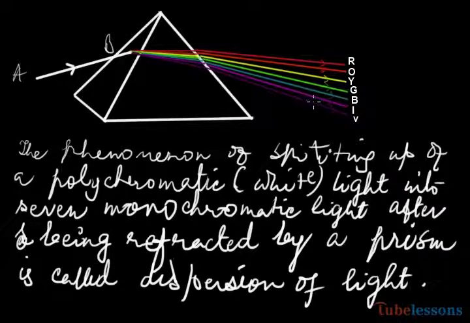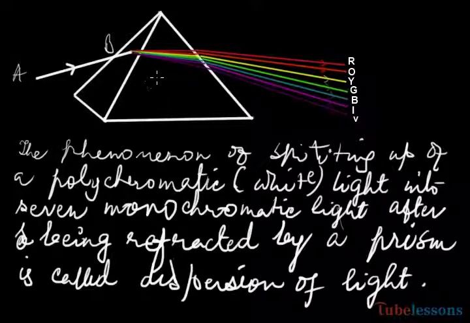Actually, speed of different colored light in vacuum is the same, and therefore no dispersion takes place in the vacuum. But when it passes through a prism or prism-like refractive substance like droplets of water, etc., the phenomenon of splitting up of a polychromatic white light into 7 monochromatic light is called dispersion of light.